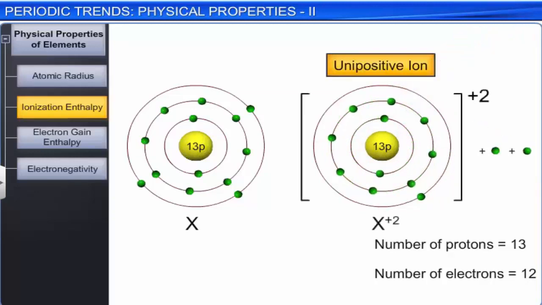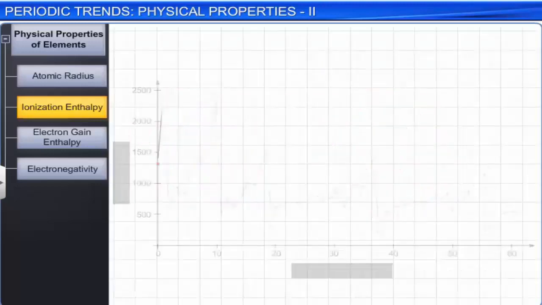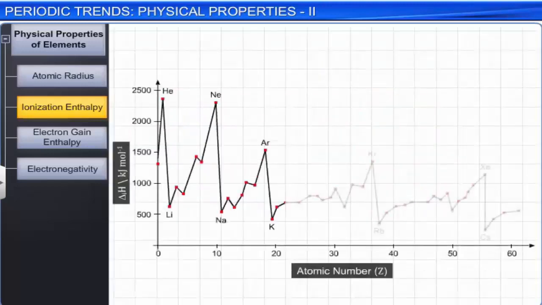The term ionization enthalpy, if not specified, is taken for the first ionization enthalpy. The graph shown here depicts the variation in first ionization enthalpies, delta IH, of the first 60 elements in the periodic table.